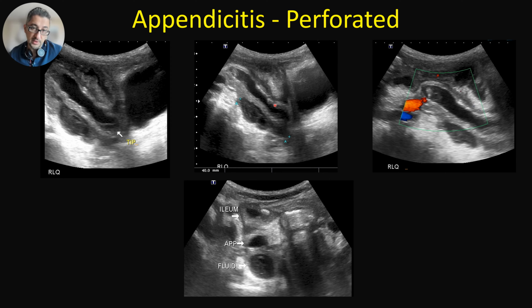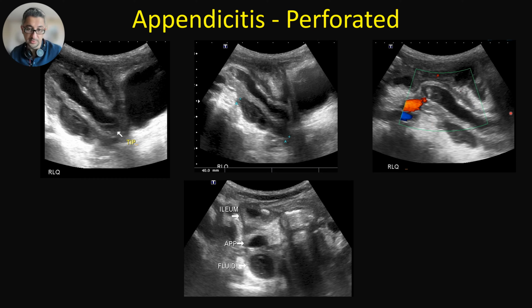If the perforation is in the early stages, we can still detect the site of perforation. As in this case, the appendix is inflamed, the wall is thickened, it's filled with content, and this is the tip of the appendix, and there is this disruption of the wall, it's focal disruption of the wall associated with this complex fluid collection that is representing the site of the collection.